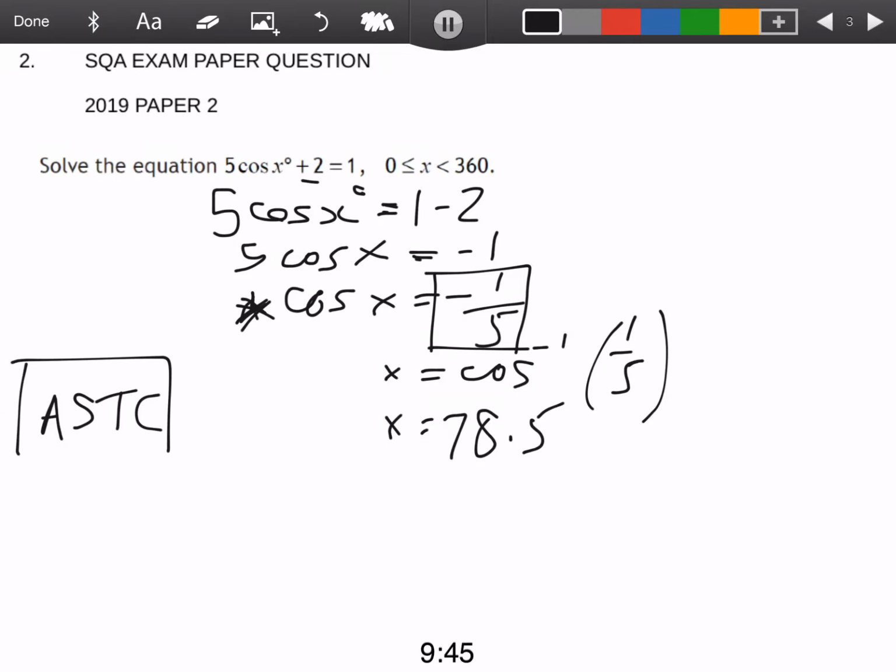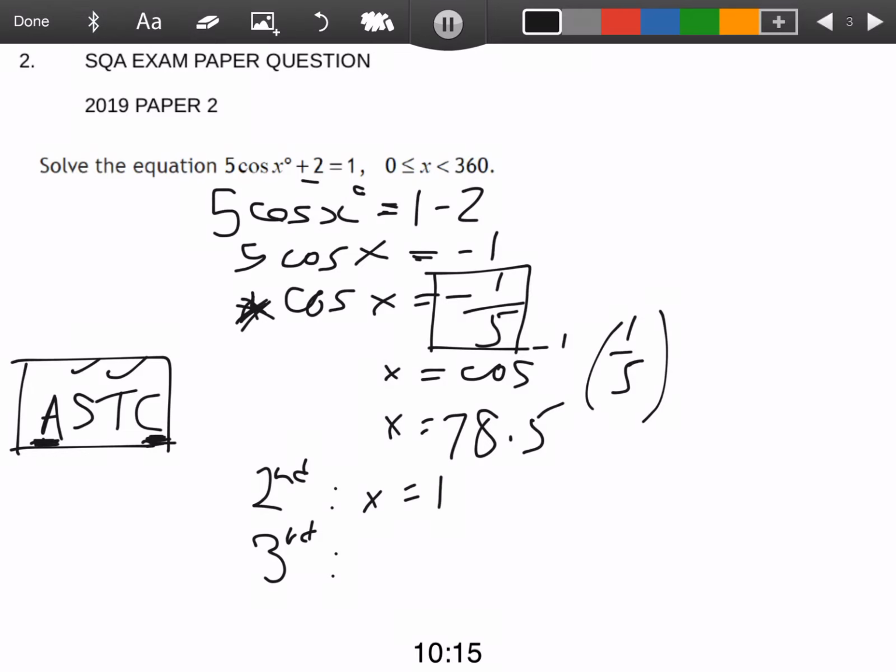This here tells you where cos is positive. Cos is positive in the first and in the fourth. Those are the two quadrants where cos is positive. We don't want those. It's the second and third we're looking for. This 78.5 is our first quadrant answer. We need to use it to find our second and third, because those are the areas where cos is negative, okay?